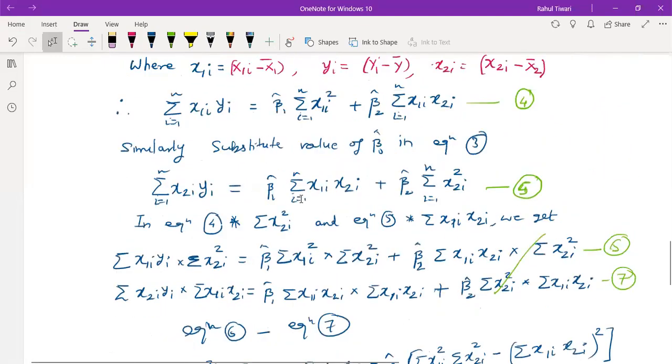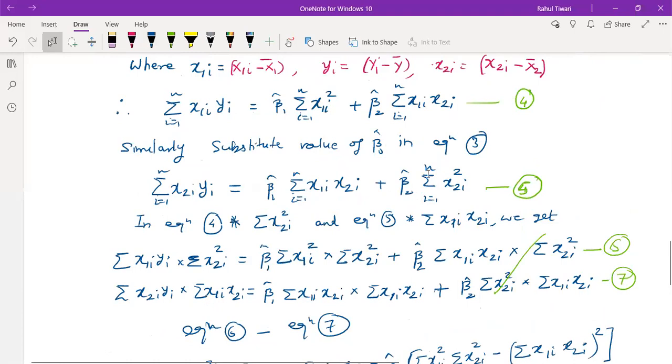If you multiply equation number 4 by this term, it is very simple to understand: we multiply so that the coefficient of this becomes the same as the coefficient of that. When you look, the coefficient will be the same.